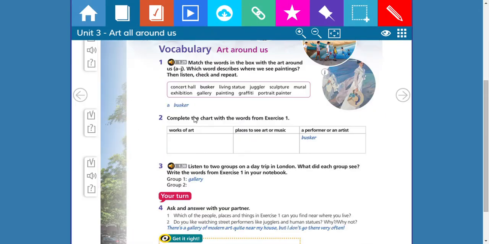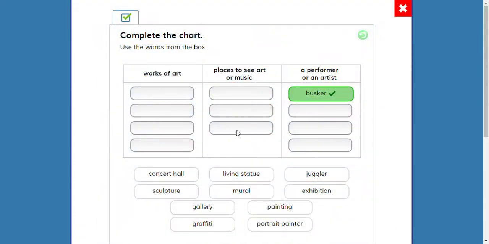In this second activity, it says complete a chart with the words from exercise 1, these words. Let's see. We divide these activities in 3: work of art, places to see art or music, a performer or an artist. Now, in this case, a busker, not a person who plays the saxophone. In the example, is a performer or an artist.